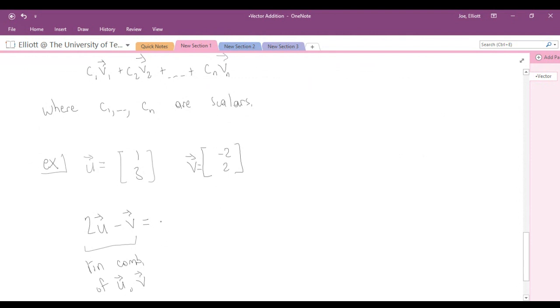And if I just do the arithmetic real quick, 2u is 2, 6. So then when I subtract v, that's going to be 2 plus 2 is 4, and 6 minus 2 is also 4. Okay. So then you could say this vector 4, 4 is a linear combination of the vectors u and v. Okay.